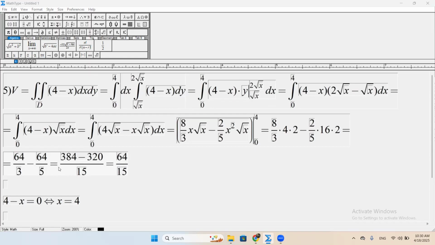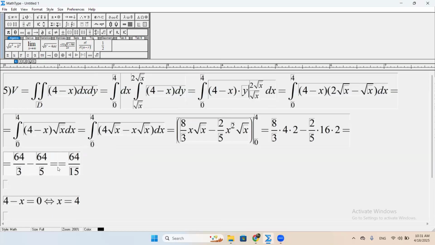Okay, let's continue. So 64 over 3 minus 64 over 5. So well, actually, what do we have here? So another common denominator. So it will be equal 64 over 15.